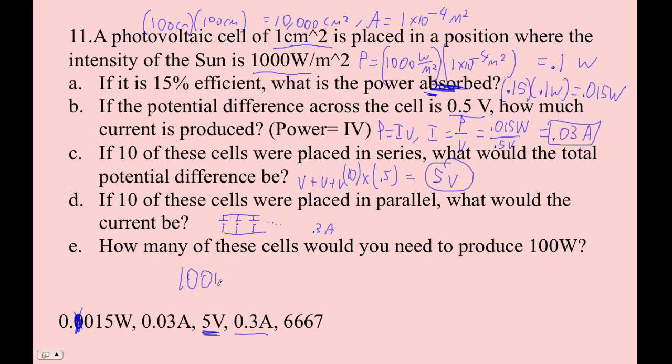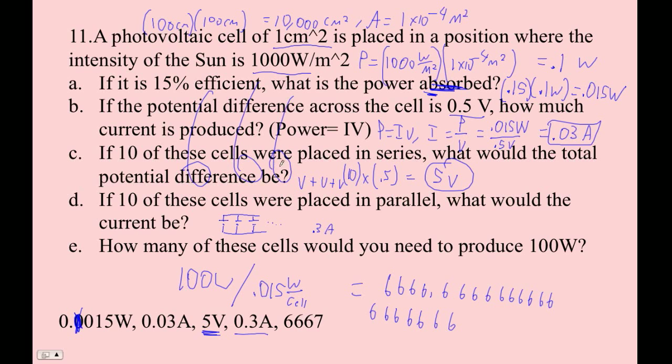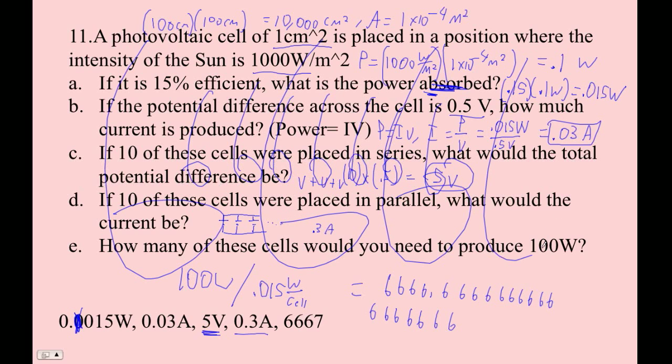So 100 watts divided by 0.015 watts per cell is 6,666.666, and it just repeats. Yeah, there we go.